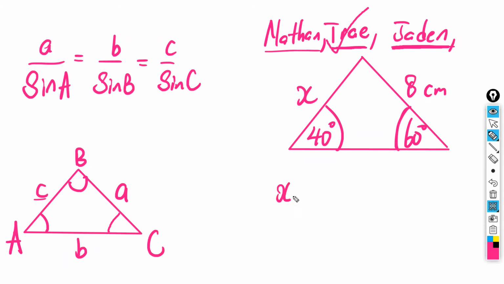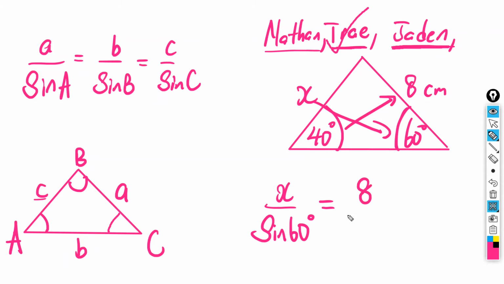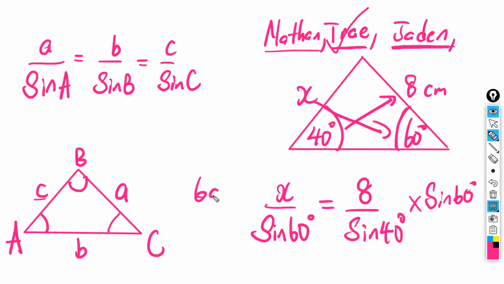So it would be X over, remember X is pointing to that angle. So X over sine 60 is equal to 8 over sine 40. And then we need to find X. So I would multiply both sides by sine 60 to get rid of sine 60.